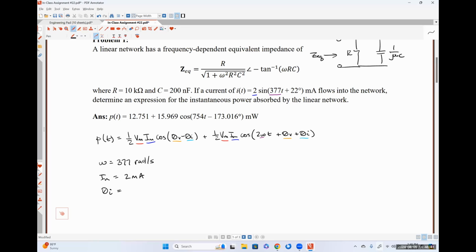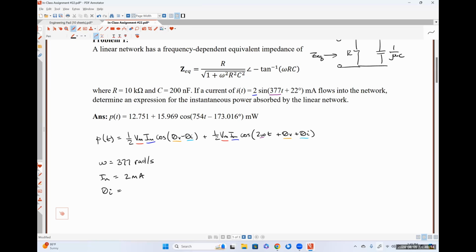What's theta I? 22. So that's a trick question because this is a sine function, right? Whenever we're dealing with any of our steady state sinusoidal analysis, we need to convert everything into cosine functions. So I intentionally put this one as a sine function to trip you guys up. That's something you should always be looking for.